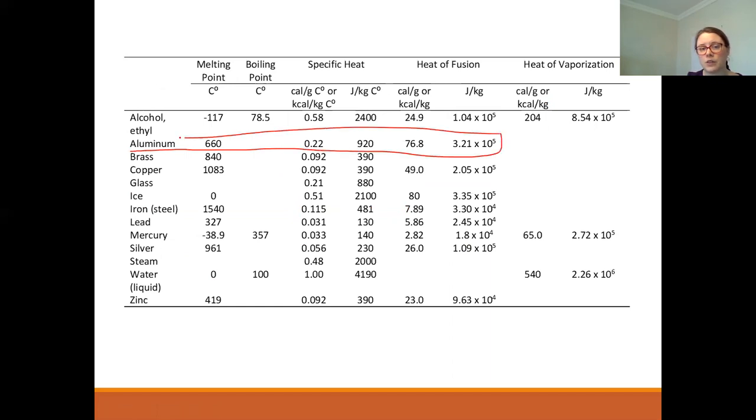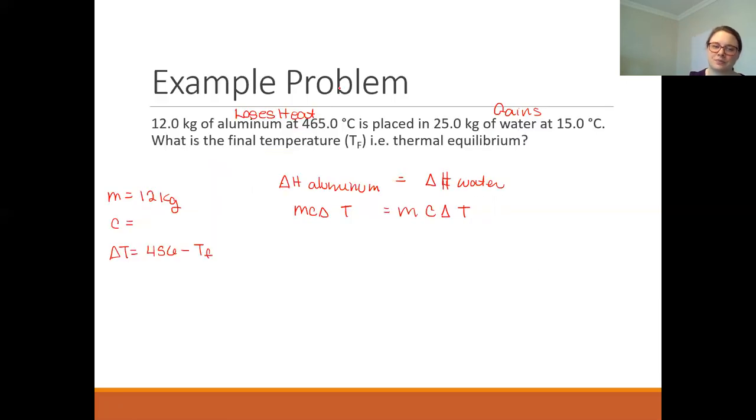C is the specific heat capacity, so we're in this column. And I'm going to suggest we do this in calories, and you will see why at the end. If you do it in joules, it's not going to hurt at all. So this will be kilocalories per kg degrees Celsius. So that was 0.22 kcal per kg degree Celsius.